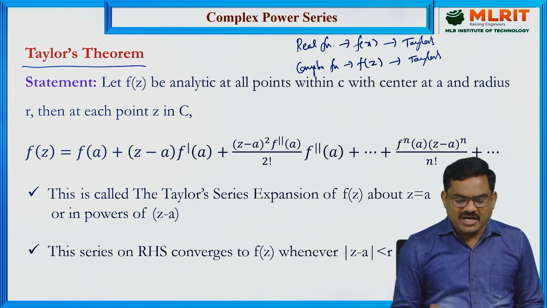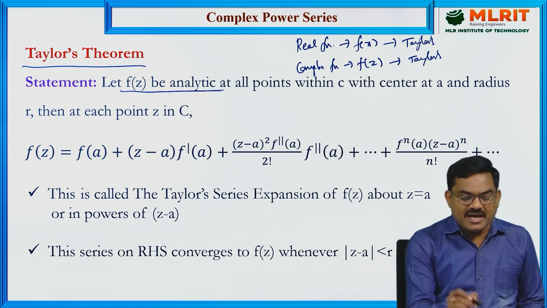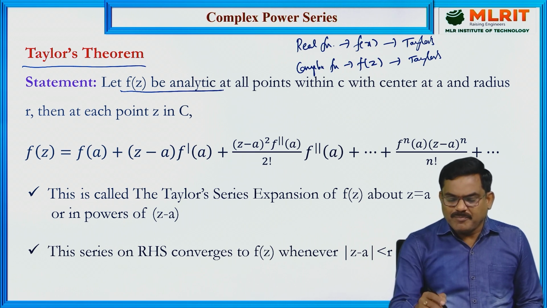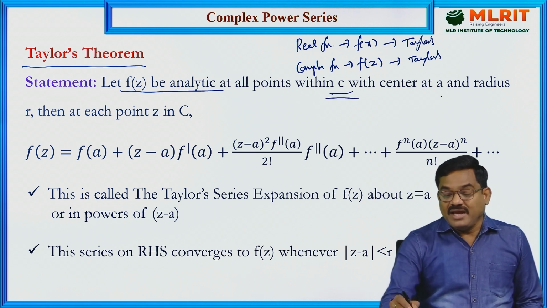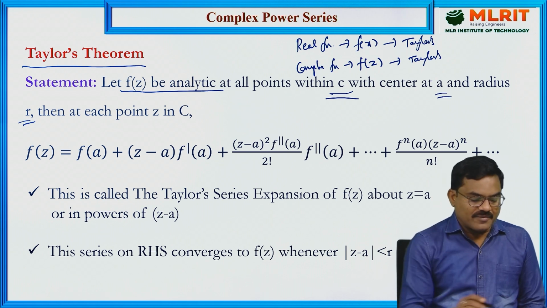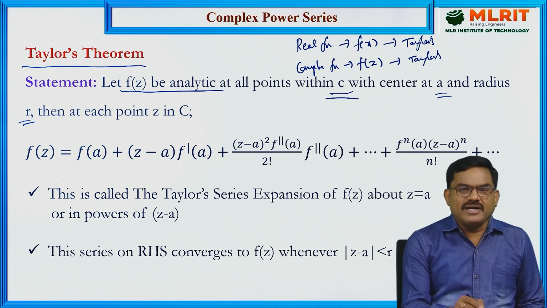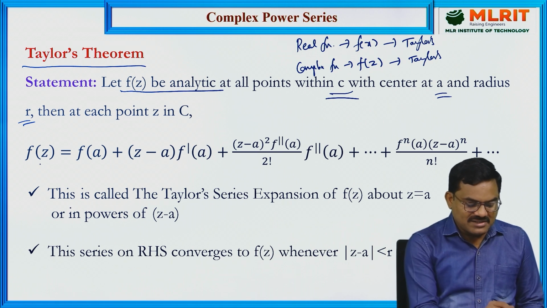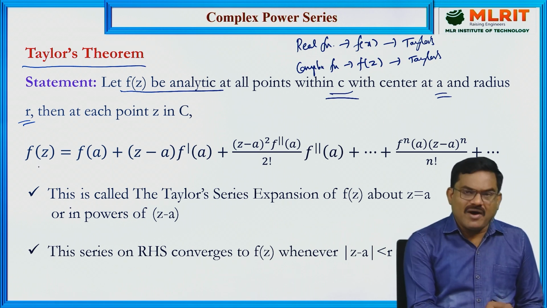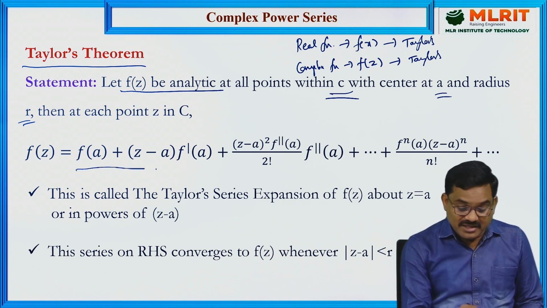Now coming to the statement, let f of z be analytic at each and every point within the circle C with center at a and radius equal to R. Then at each point in that circle C, f of z can be expressed in this form.